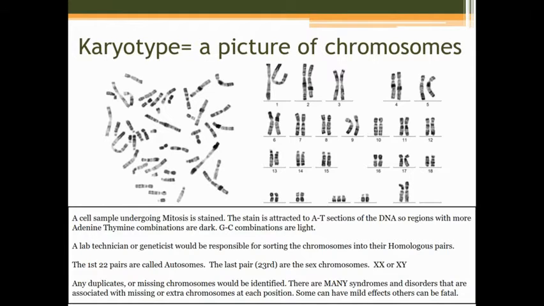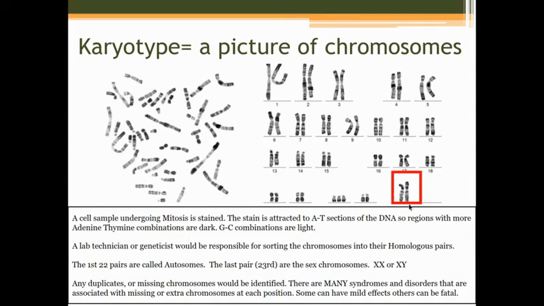If that cell that's made is a gamete, meaning a sperm or an egg or pollen or ova if you're a plant, if those are fertilized, they end up with additional or missing copies of chromosomes. And there are a lot of genetic syndromes and disorders that are recognized as a result of having extra or missing chromosomes.